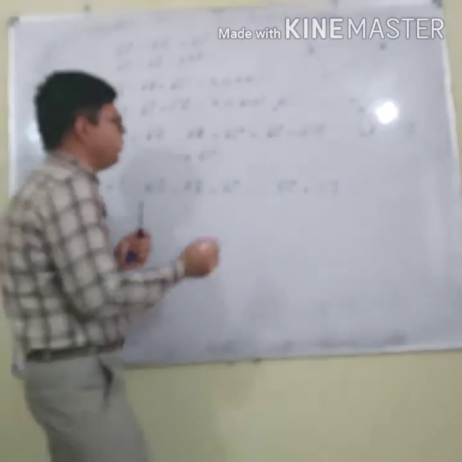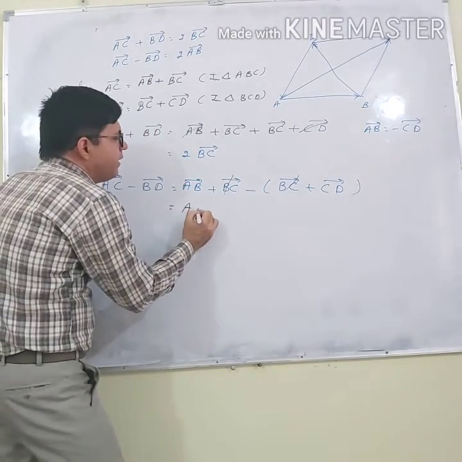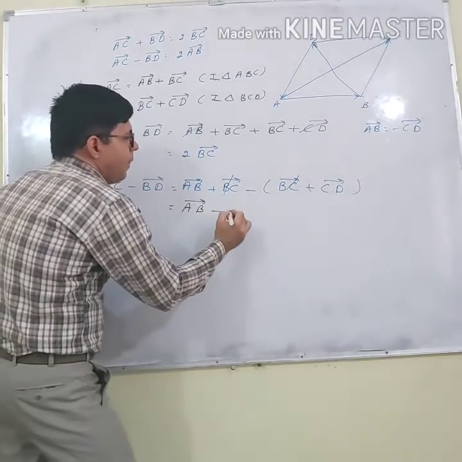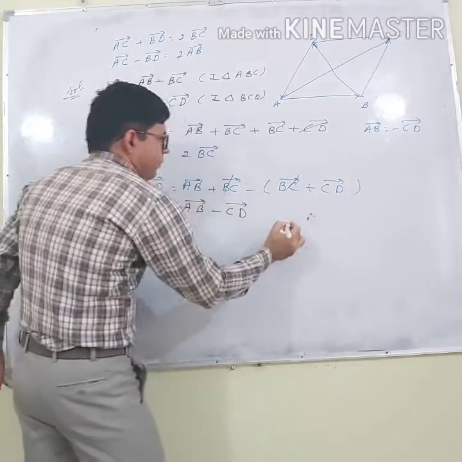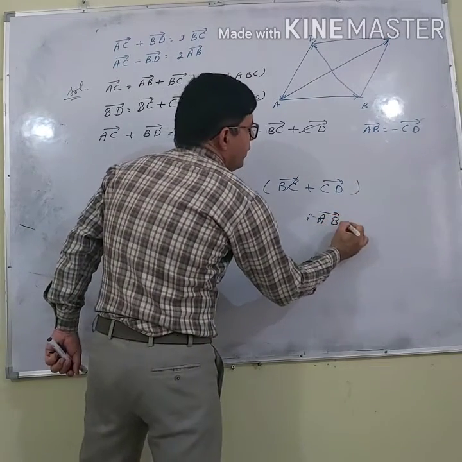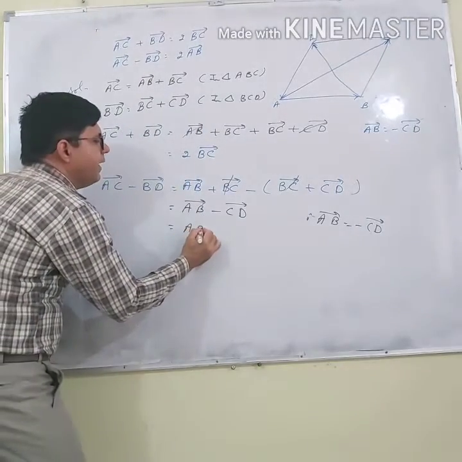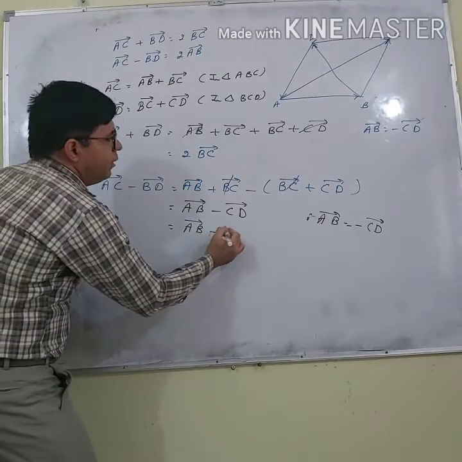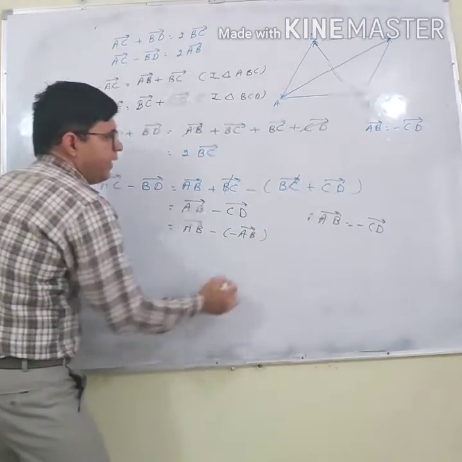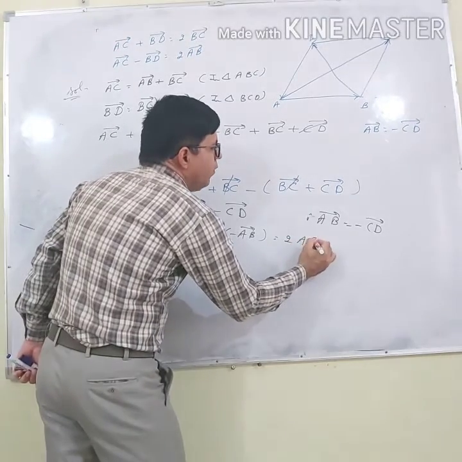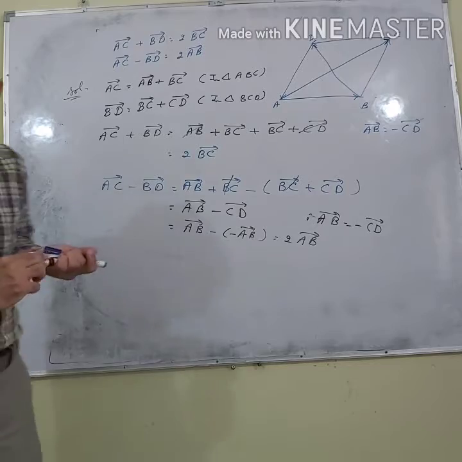All of us know that vector AB is the negative of vector CD. So in place of CD I can write minus AB, and minus minus is plus. So this is twice of AB. So in this way we can find it out. Alright?